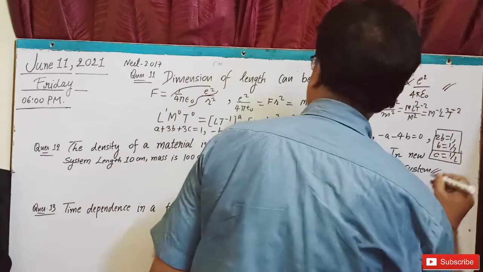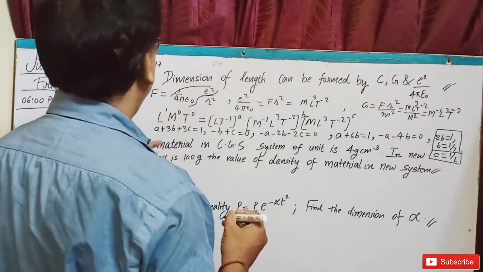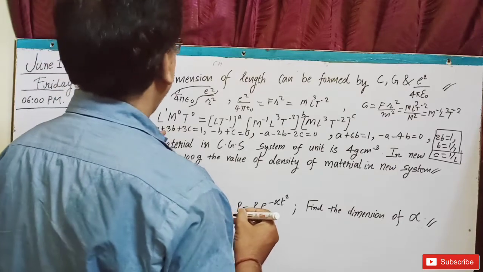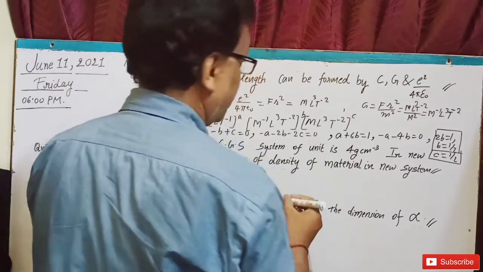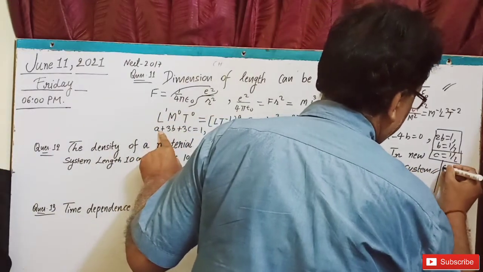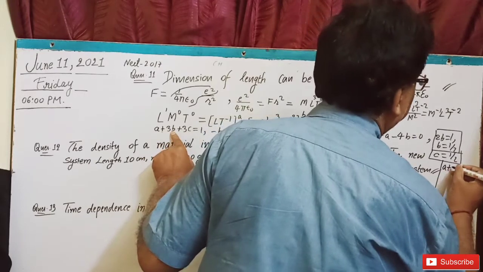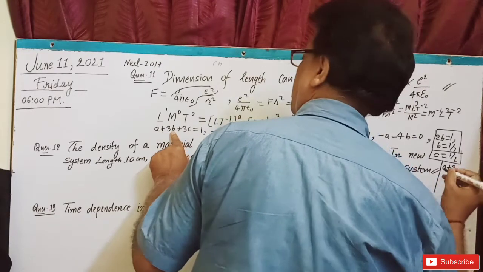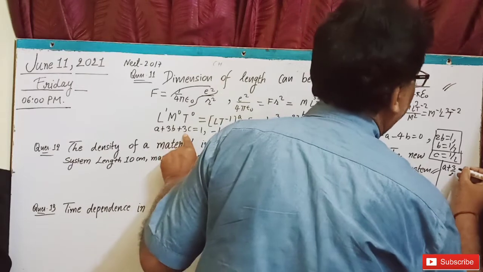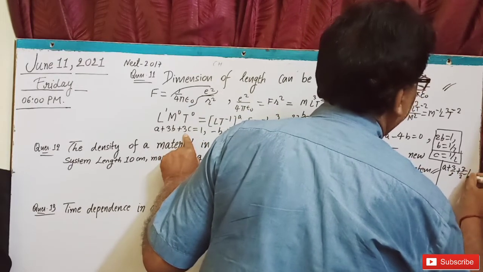And for a, you put the value of b and c into any equation and you get the value of a. So here a plus 3b, 3 by 2, plus 3c, 3 by 2, is equal to 1.